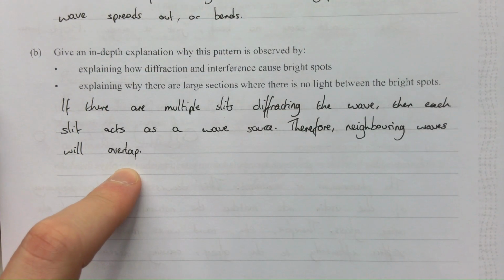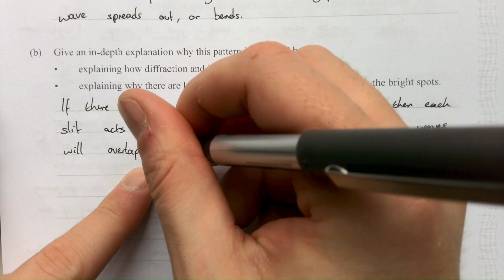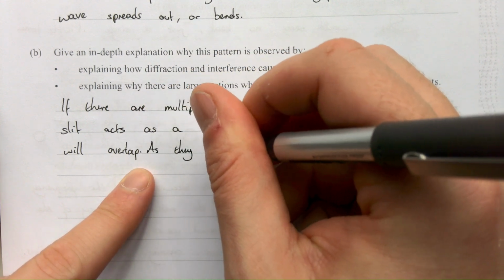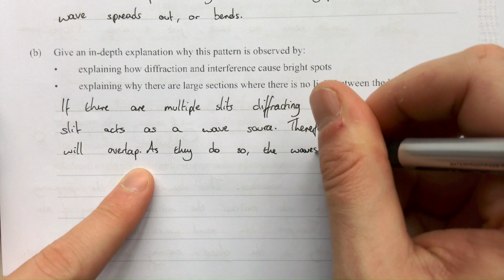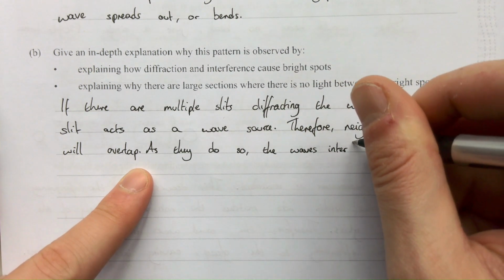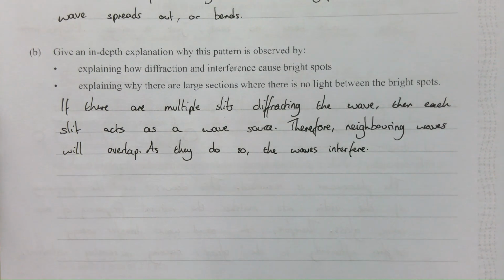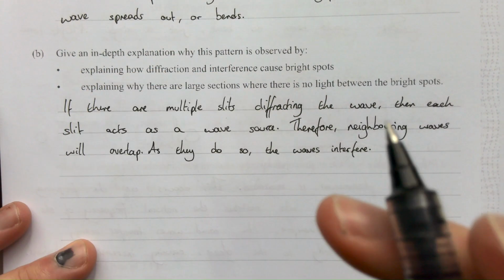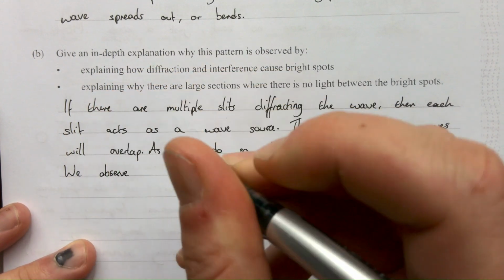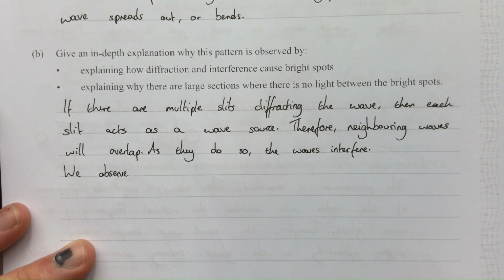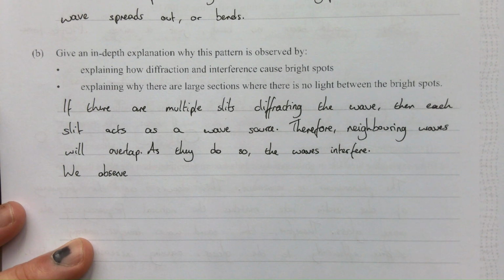As they do so, the waves interfere. Okay, so now we've set up the general description of what's happening. Now we can go into the more precise detail. Because the question's asking about how they cause bright spots, I'm going to go ahead and explain how we get bright spots.